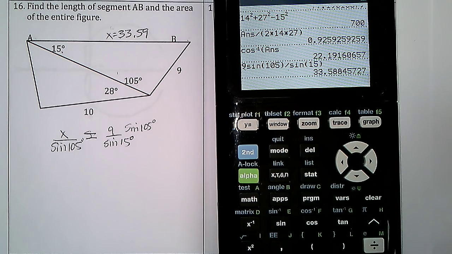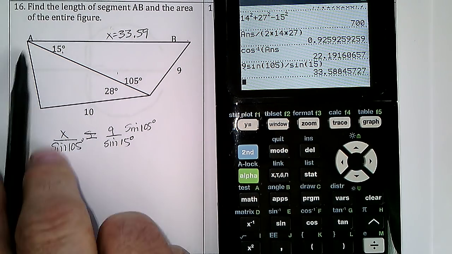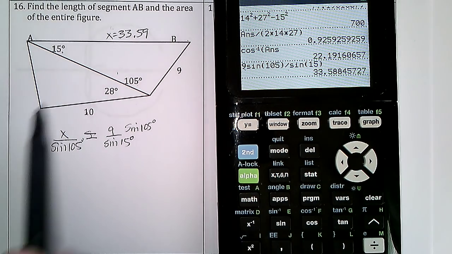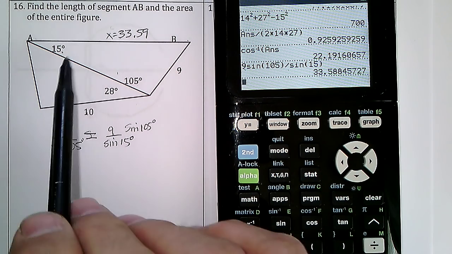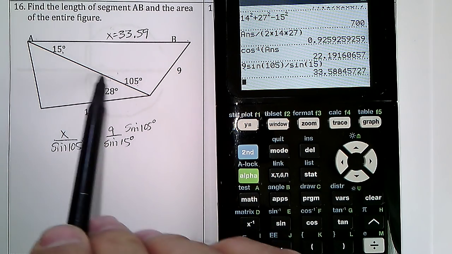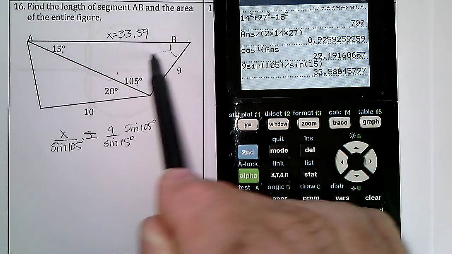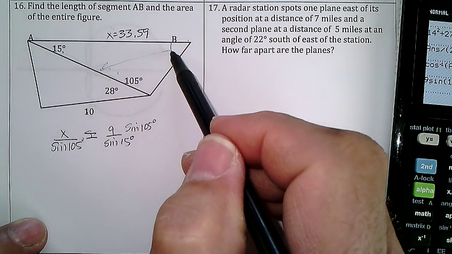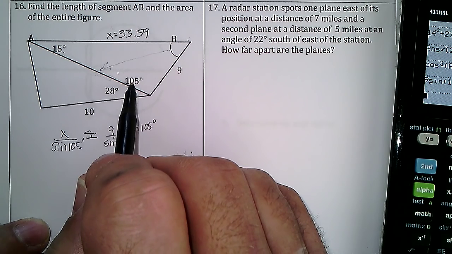And then to figure out the area, we're going to have to figure out the area of this triangle and this triangle. I have this side, and I need two sides and an angle between them. Well, I have that side. It would be advantageous to have this side. So I'm going to use the law of sines in this angle to get this side. So to get this angle, I'm going to add 15 to 105, which is 120.